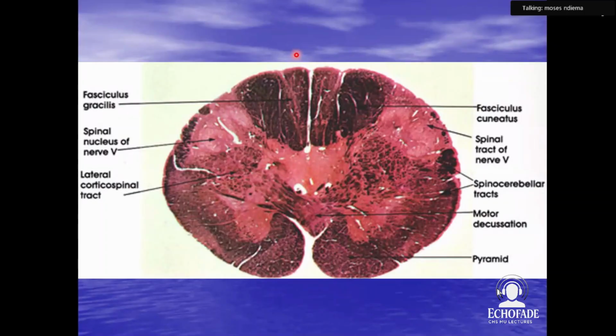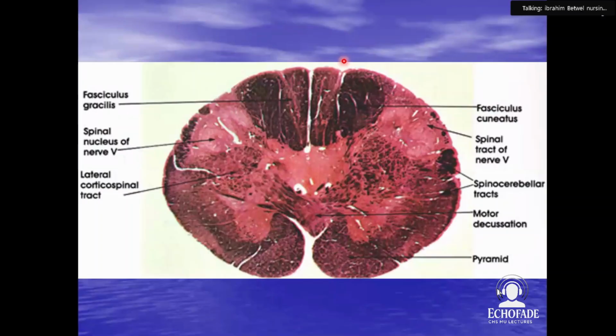The ascending and descending tracts. When you talk about the spinal cord, remember we have fibers passing from the spinal cord to various parts of the brain, terminating in various parts of the brain. Those we refer to as the ascending tracts.